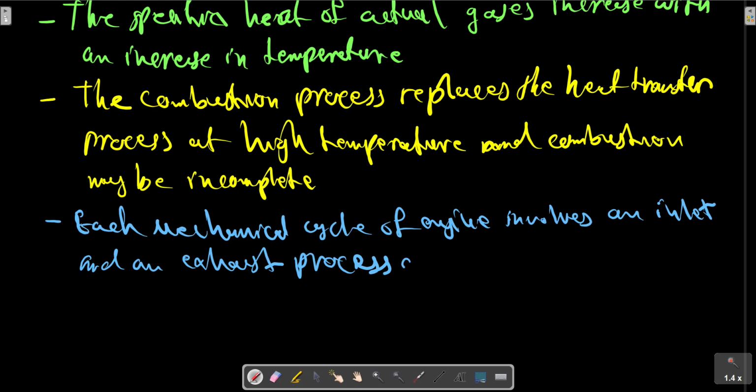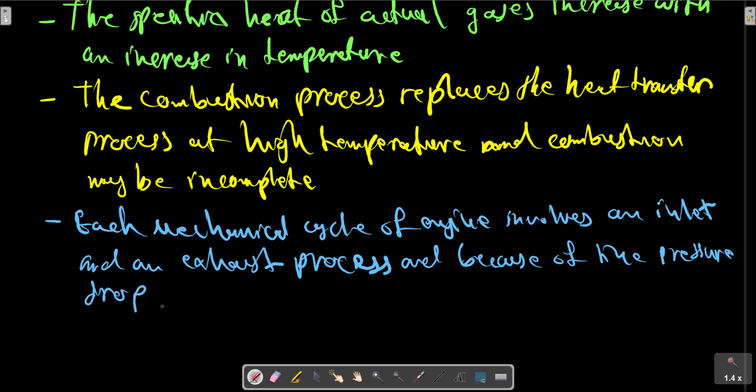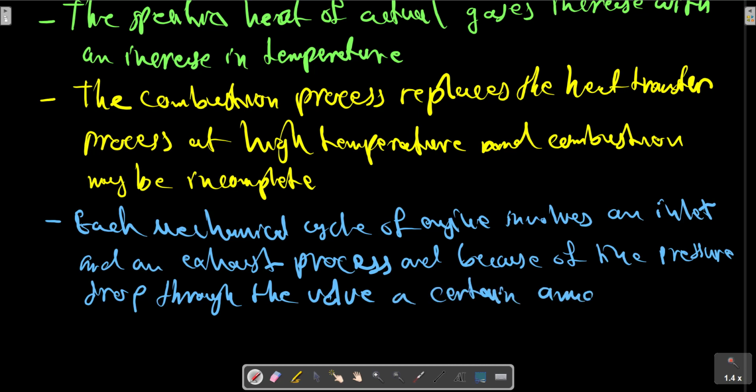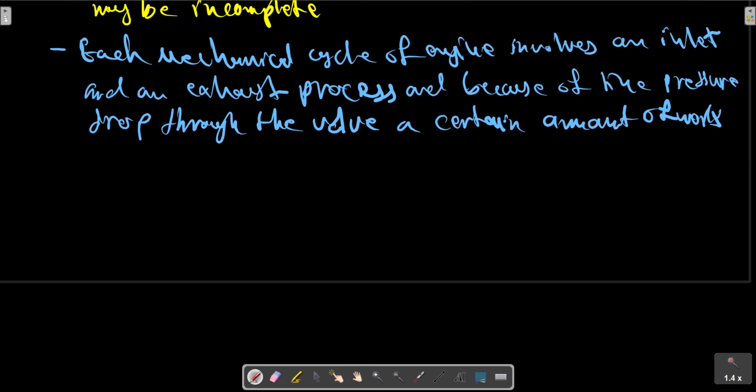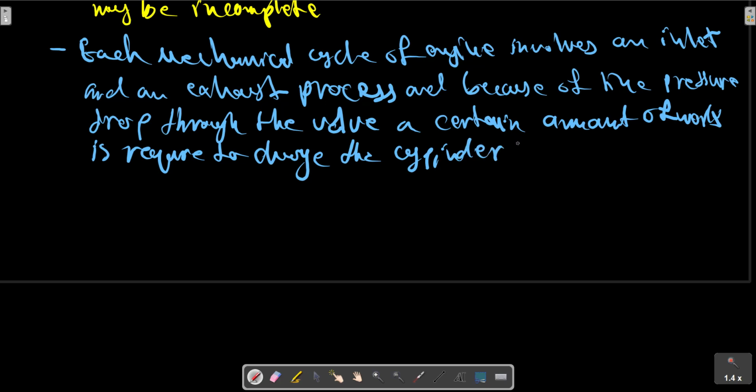And because of the pressure drop through the valve, a certain amount of work is required to change the cylinder with air and exhaust the products of combustion.